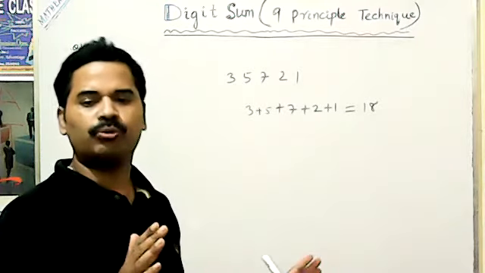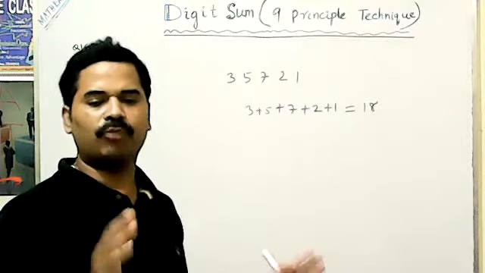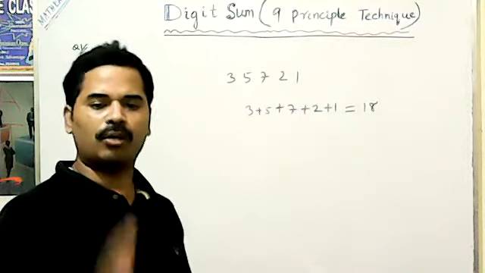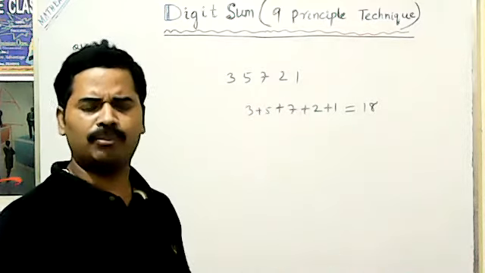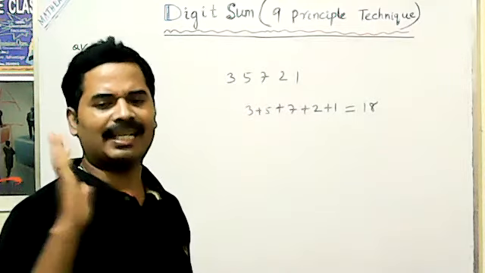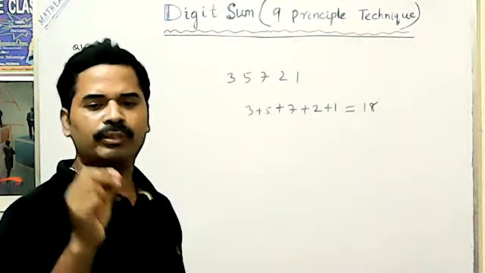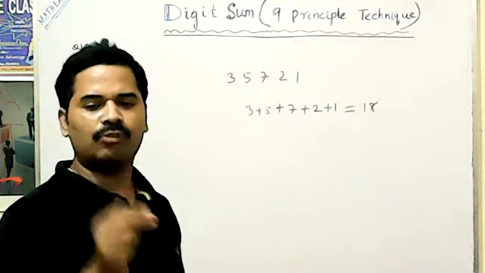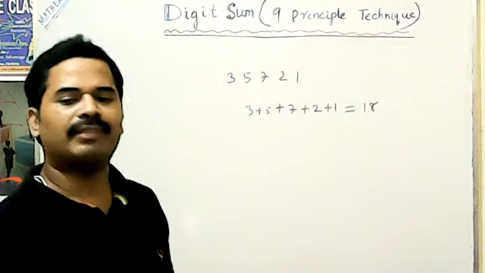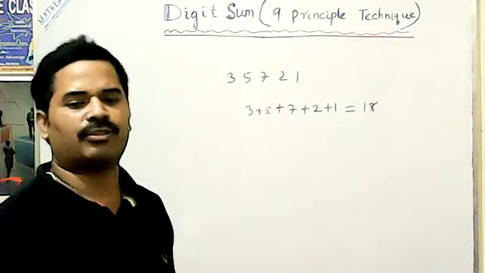Whatever the question, addition, subtraction, multiplication, division, percentage, profit and loss or compound interest, you can apply the digit sum technique. It is a fast technique, and you can do the calculation within 2 seconds.